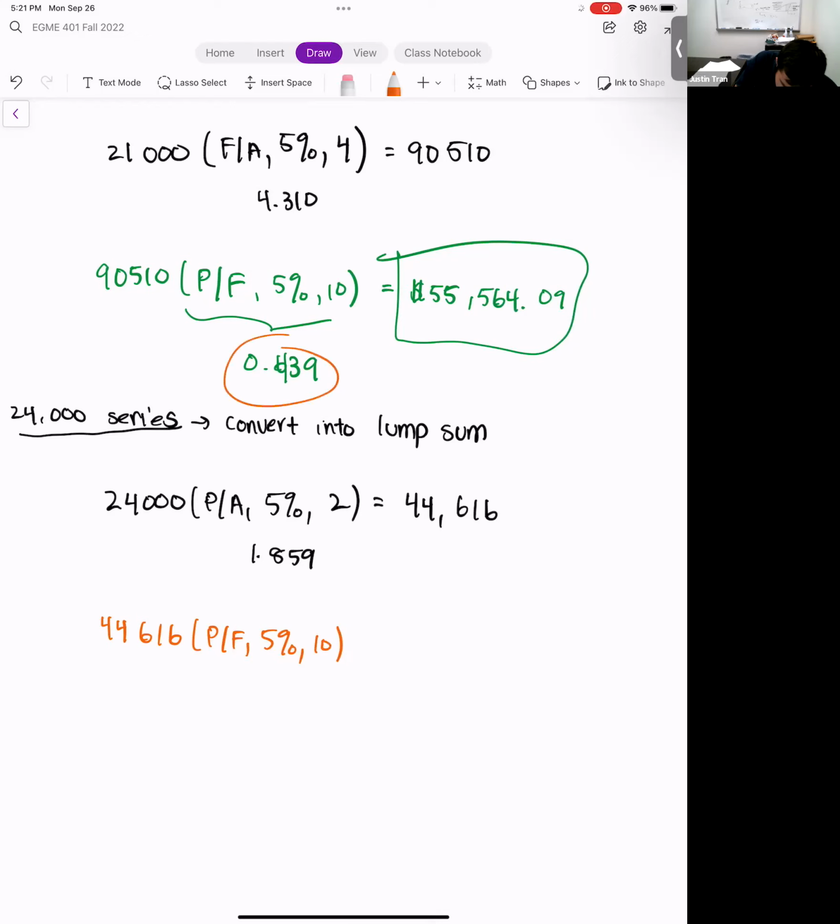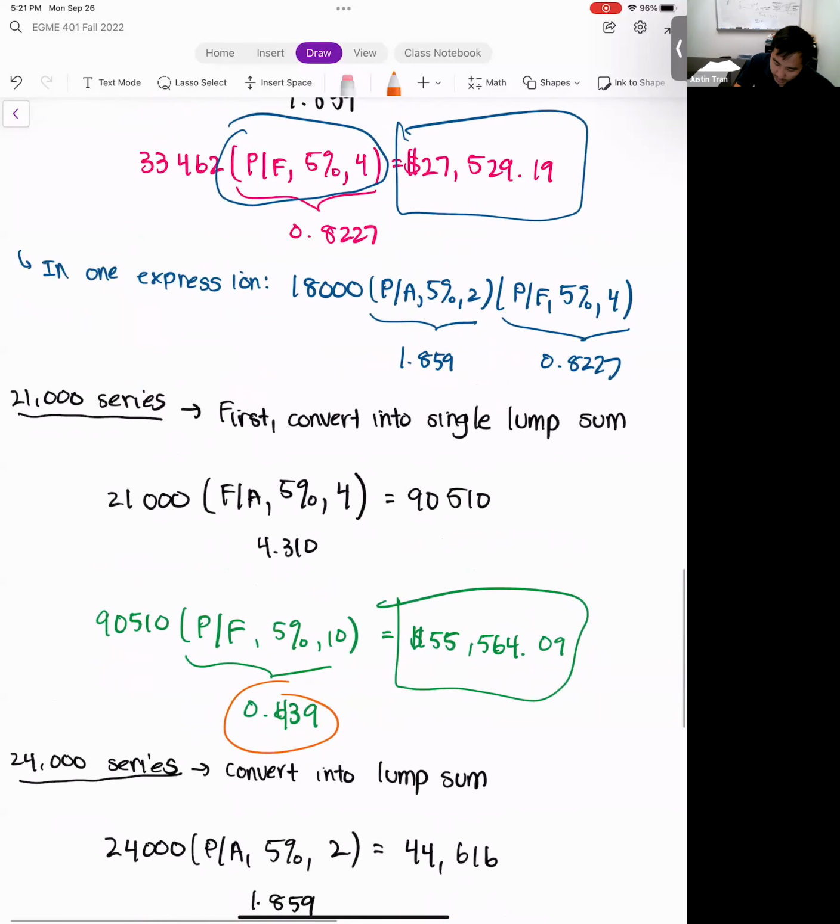And we know from up here that this conversion factor is 0.6139. So let's multiply by that. We have 44,616 times 0.6139, and what we get from this is 27,389.76.